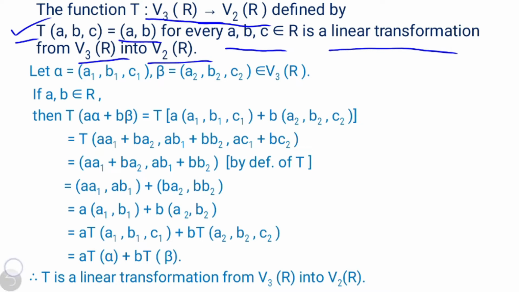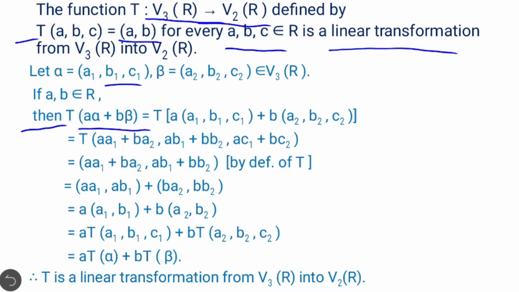Now let's take alpha and beta, where alpha equals (a1, b1, c1) as it is a V3 vector, and beta equals (a2, b2, c2). We are taking two elements a and b from R. Then let's calculate T(a alpha + b beta).